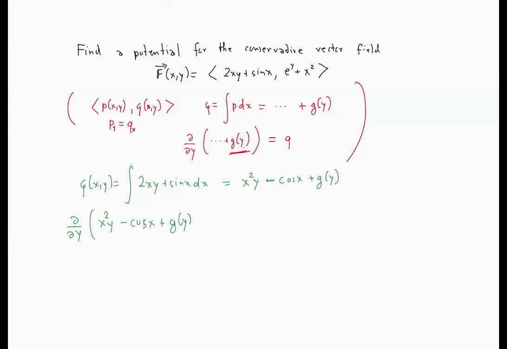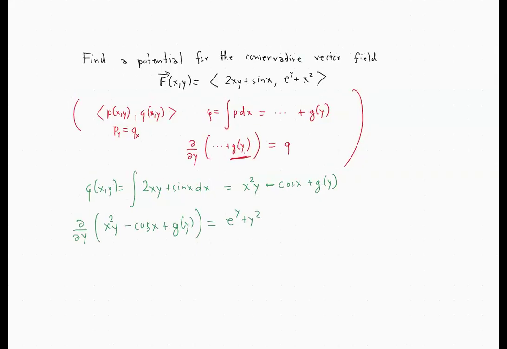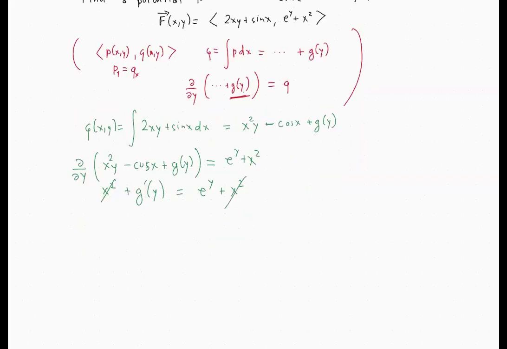So what is the partial derivative with respect to y of what you have on the left? This is x squared, so it's going to be x squared plus g prime of y, and you want this to be e to the y plus x squared. The x squared terms go away, and pretty much you're left with g prime of y being equal to e to the y.